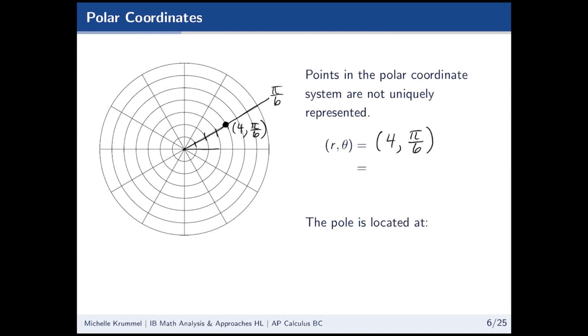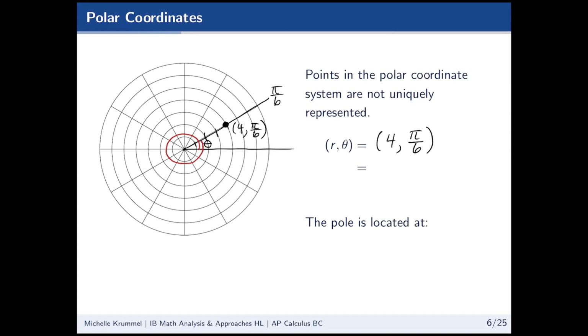So I graphed the angle pi over 6 for this angle right here, from the polar axis or the positive x-axis to the terminal side, and that was pi over 6. But I could have also thought of my angle as being 2 pi, so traveling all the way around the circle, 2 pi, and then continuing on an extra pi over 6.